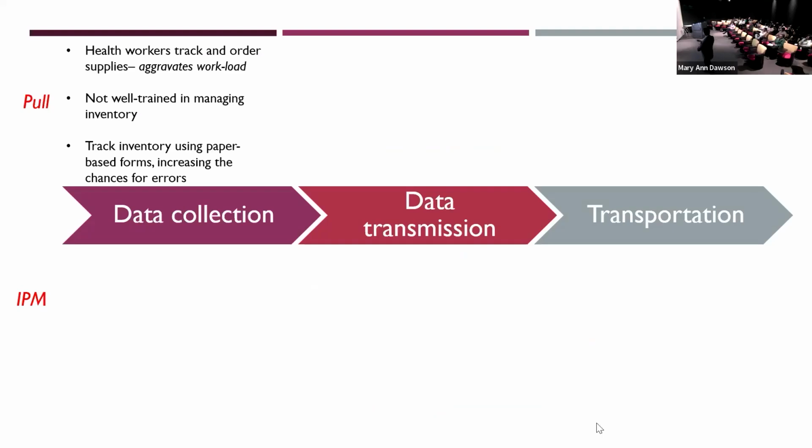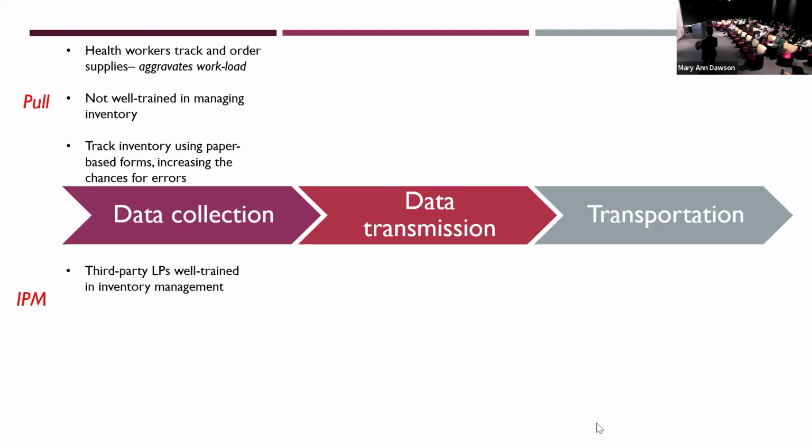Okay. So let's start with data collection. So under the pull model, health workers are responsible for keeping track of inventory information, right? But as I mentioned before, they're not well trained in managing inventory. And on top of that, they typically also keep track of inventory using paper-based records. So that increases the chances for errors. Okay.